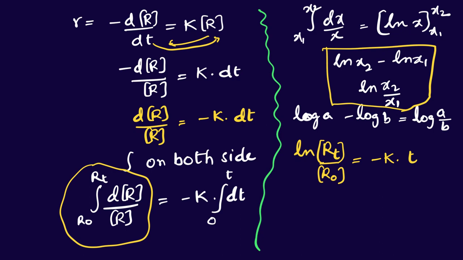Otherwise, this can be written as ln R naught concentration by R at t time concentration.